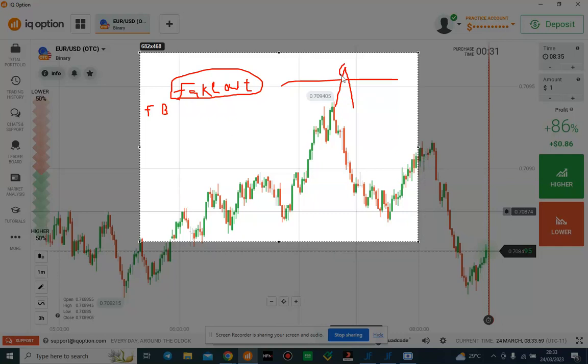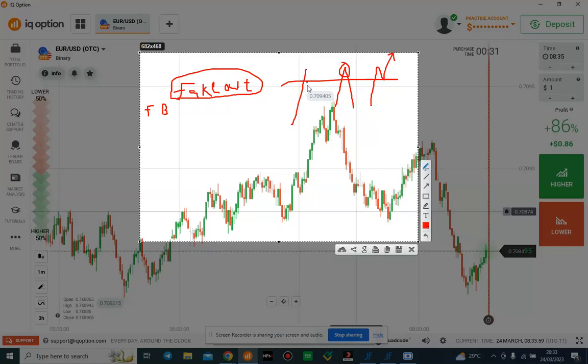That is what we call fake out, fake breakout. But when the price breaks a level to the upside or to the downside, this is what we call breakout. If it is a real breakout, it will only retest the level again, then continue.